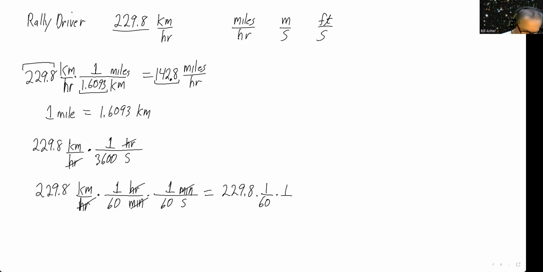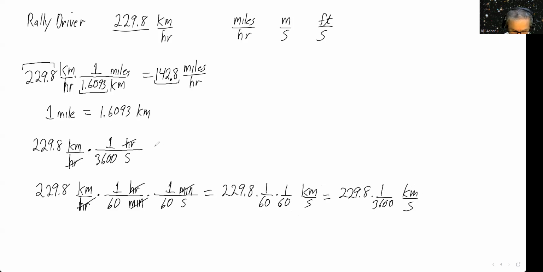I'm not doing so well tonight. 60. And then this is now kilometers per second. And that 1 over 60 times 1 over 60 is 229.8 times 1 over 3600 kilometers per second, which is the same thing I did here by converting directly, right? So it doesn't matter which way you do it.